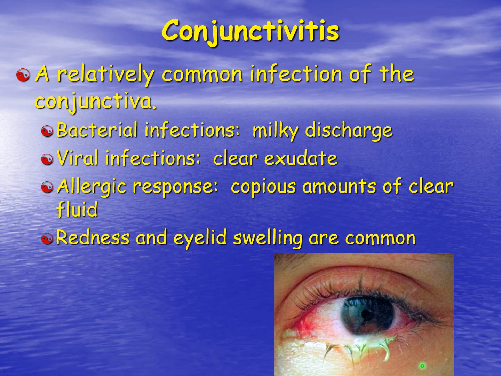We often will see redness and swelling of the eyelid, and we can even see redness or injection of the sclera just because of the irritation from the conjunctiva itself. Sometimes conjunctivitis will cause photophobia, where the patient simply does not like to be in bright light.